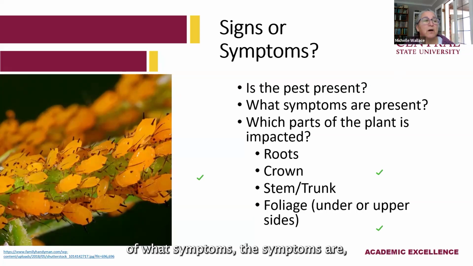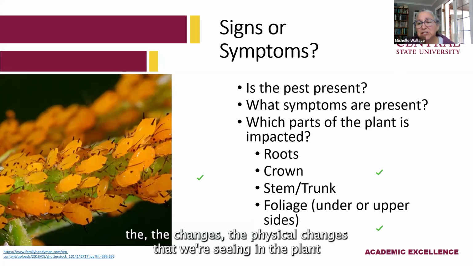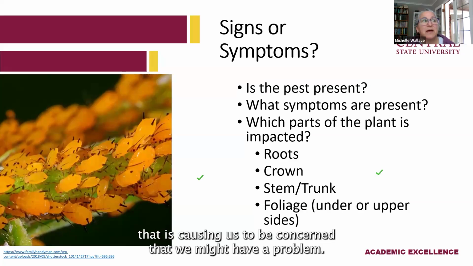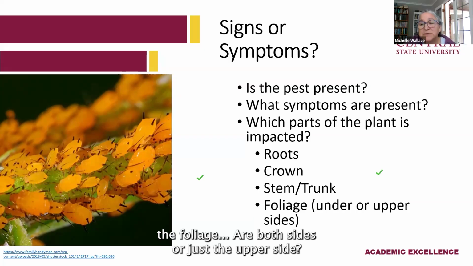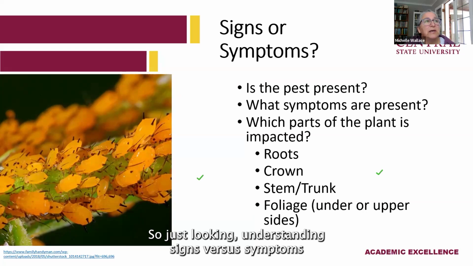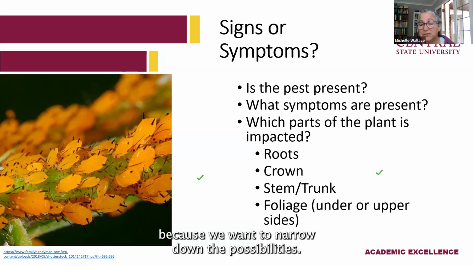The symptoms are the physical changes that we're seeing in the plant that are causing us to be concerned that we might have a problem. So what parts of the plant are affected? Are the roots, the crown, the stem, the foliage? Are both sides or just the upper side, lower side? So understanding signs versus symptoms helps us narrow down the possibilities.